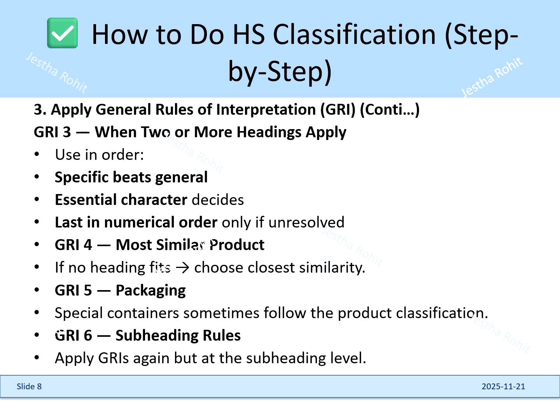Special containers sometimes follow the product classification. GRI 6: subheading rules. Apply GRI again but add the subheading levels.